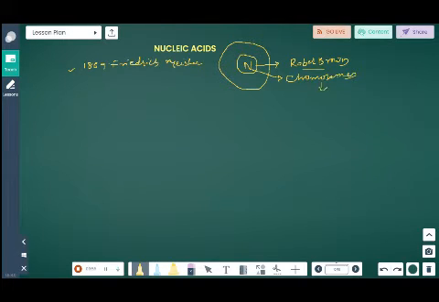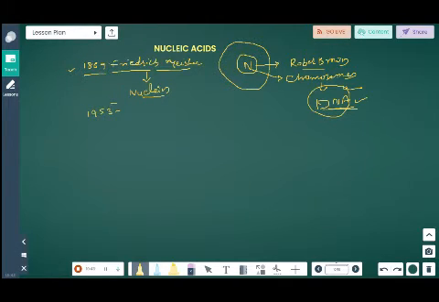These chromosomes are made of deoxyribose nucleic acid. This acidic nature of the genetic material was first noted by Frederick Miescher, who coined the term nuclein.